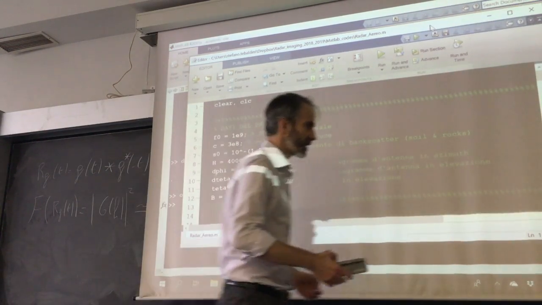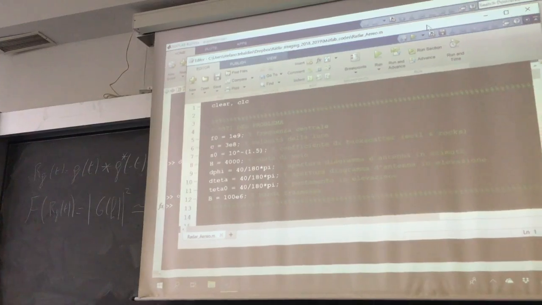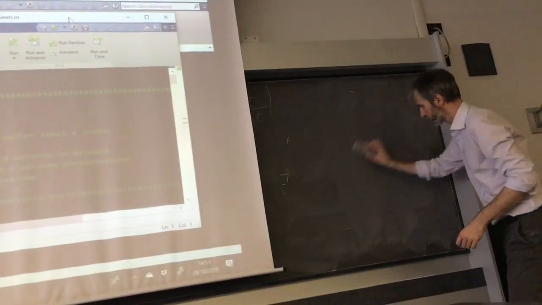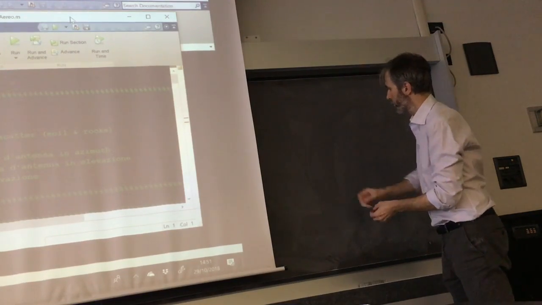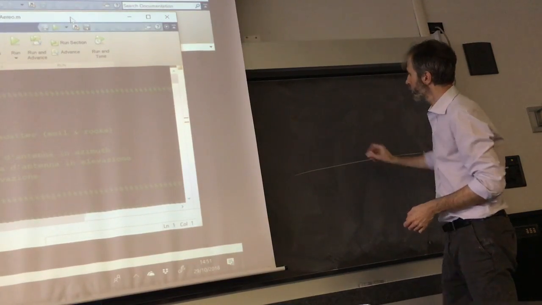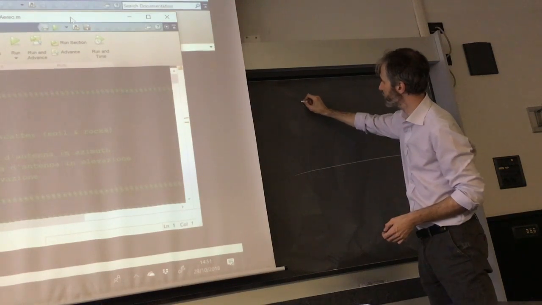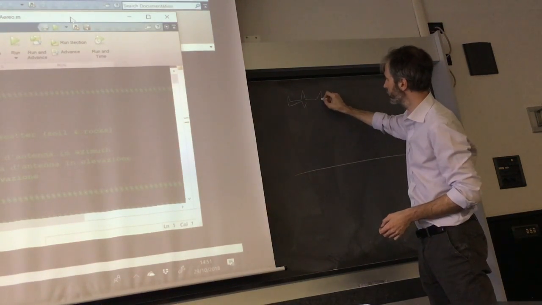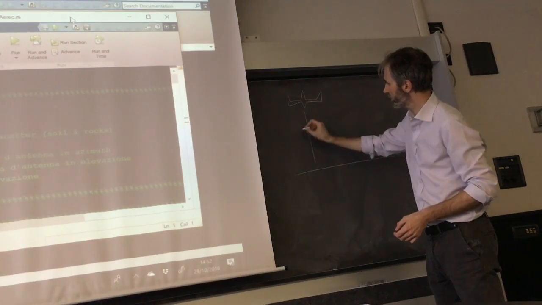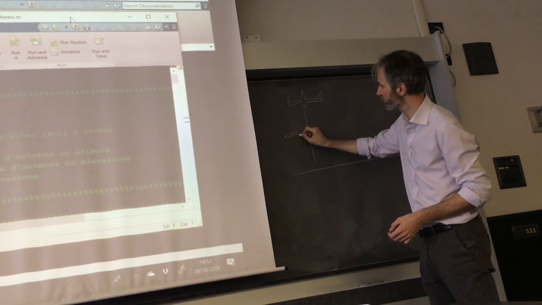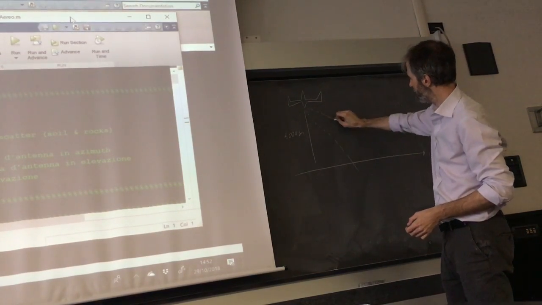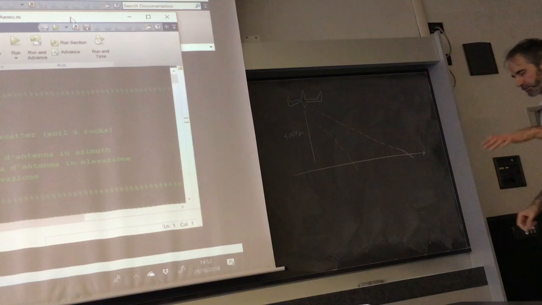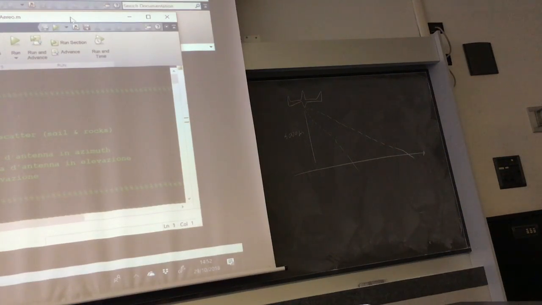So I am imagining exactly this geometry. I'm flying as before in your direction. This is 4,000 meters, and I am looking at the side of my aircraft.